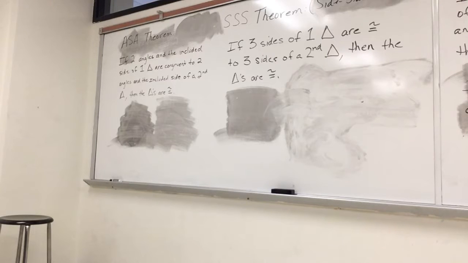If three sides of one triangle are congruent to three sides of a second triangle, then the triangles are congruent.